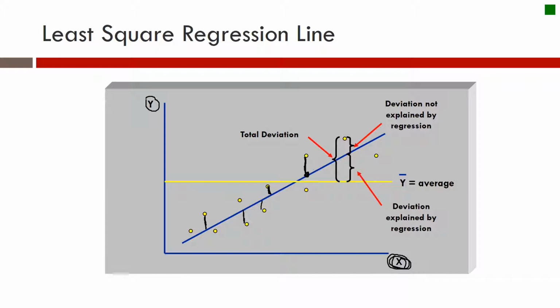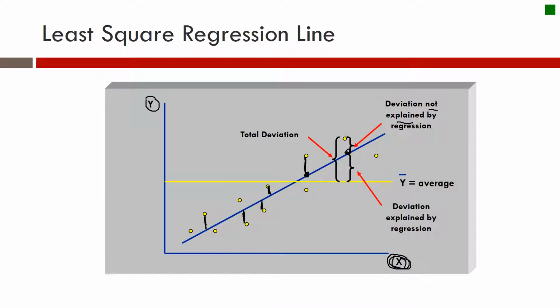We want to minimize this to the best of our ability. We want the software, the regression, to minimize this distance. So the deviation between the actual observation and the fitted observation is what is not explained by the regression. It is what we might think of as the error or the residual.